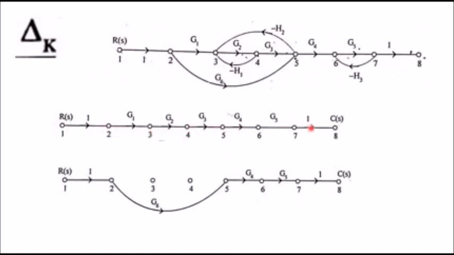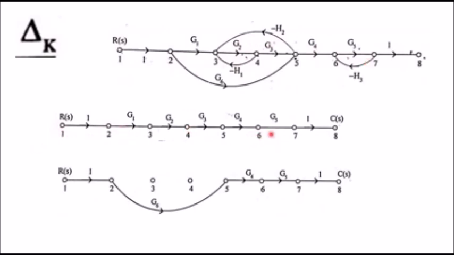What is del K? Del K is the gain product of the loops which are non-touching to the kth path. Here this is forward path 1, but all the loops are touching. This loop, this loop, this loop are touching this path.